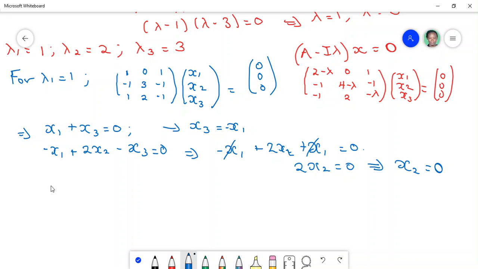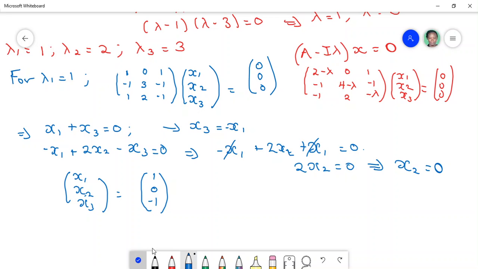So if I want to write the eigenvector, x1, x2, and x3, what do we have? We know x1 is 1. If x1 is 1, x3 is negative of x1, and x2 is 0. That is for lambda 1.